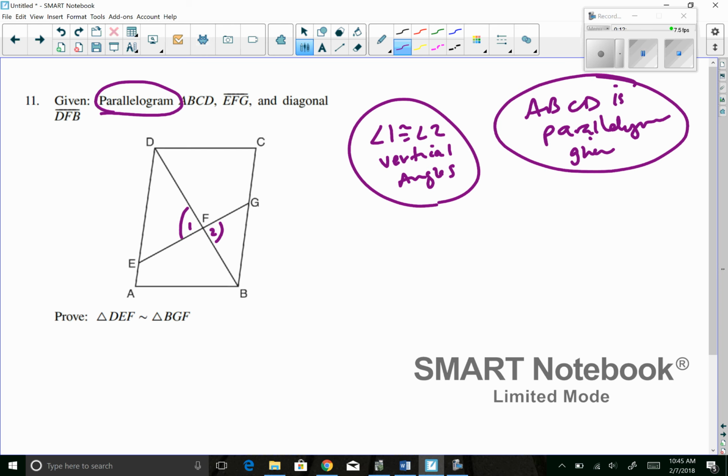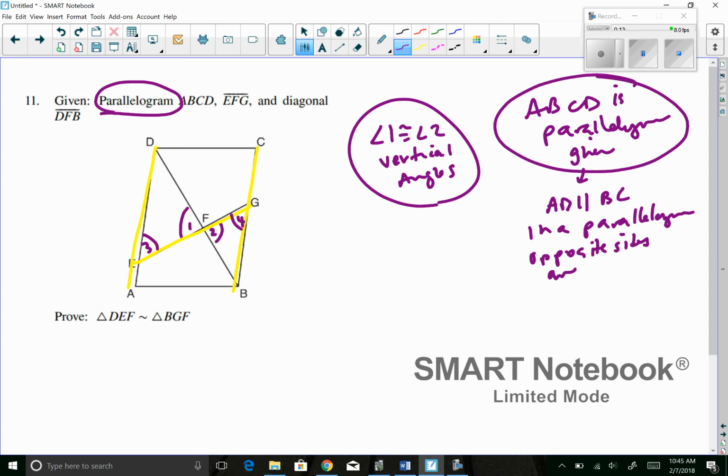Now, if it's a parallelogram, that tells me that this side and this side are parallel to each other, meaning this transversal should create alternate interior angles for angle 3 and angle 4. So I can say AD is parallel to BC because in a parallelogram, opposite sides are parallel.